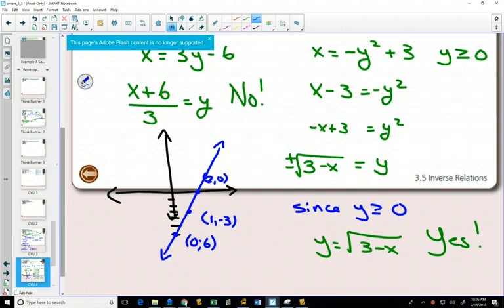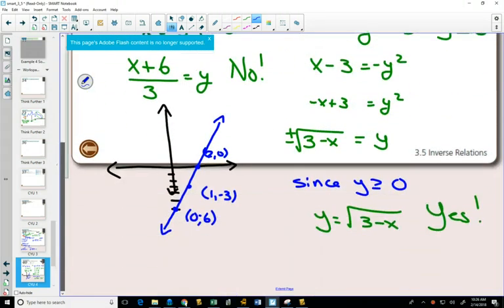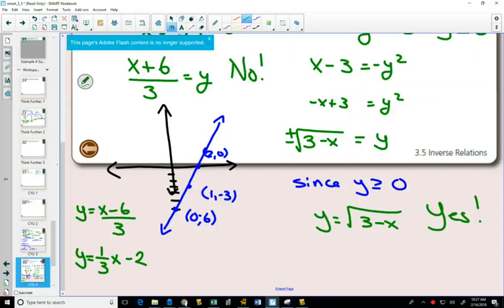For my second graph that they gave us, y equals x minus 6 all over 3. I can rewrite this, divide each thing by 3. X over 3 is the same as 1/3 x. -6 over 3 is the same as -2. So when I label these points, I'm going to have a y-intercept of -2, a slope of 1/3, so I'll go up 1 over 3.